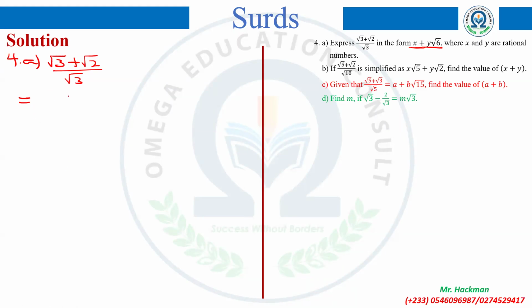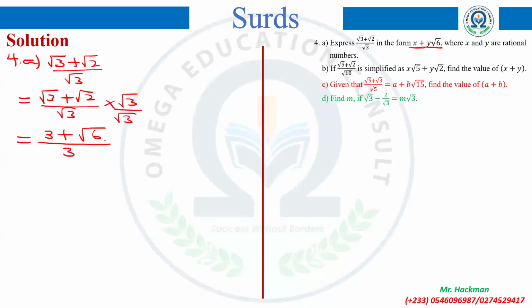So here we are going to have root of 3 plus root of 2 over root of 3, then times root of 3 over root of 3. So that gives us what? The denominator you can easily write, and that will give you 3. Root of 3 times root of 3 will give you 3. Then plus root of 3 times root of 2 times root of 3, which gives us root of 6. All correct.